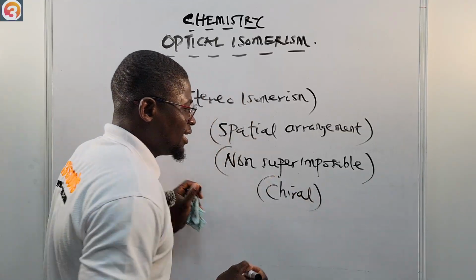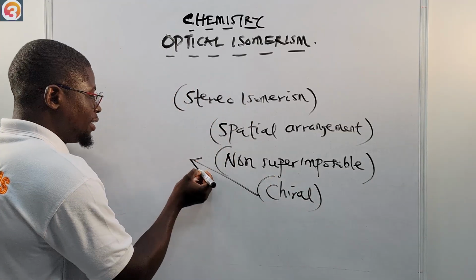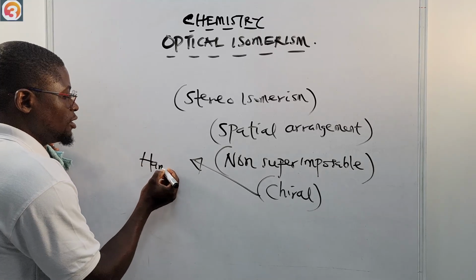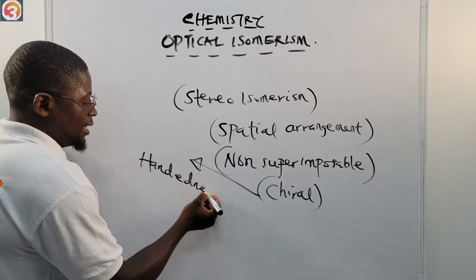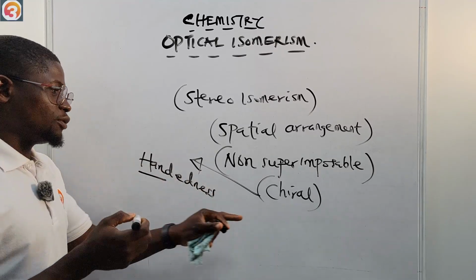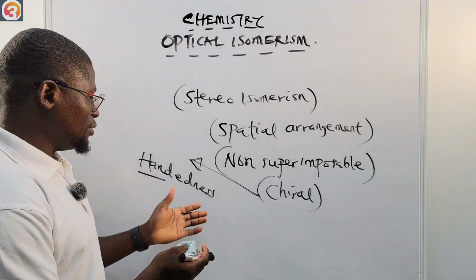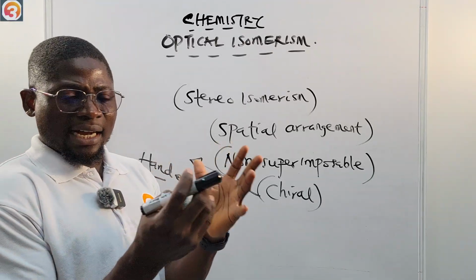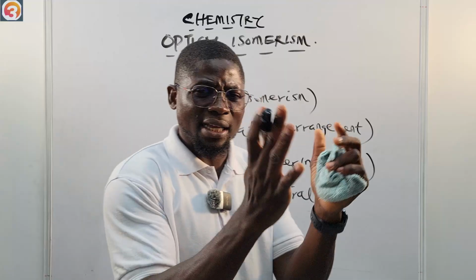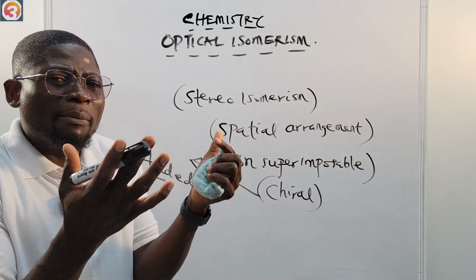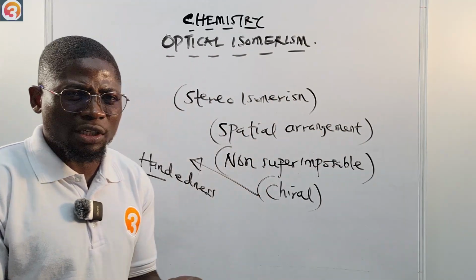Chiral is a Greek term that means handedness, or just hand. That's what chirality means. This means that our two hands are mirror images of each other, but they are non-superimposable.